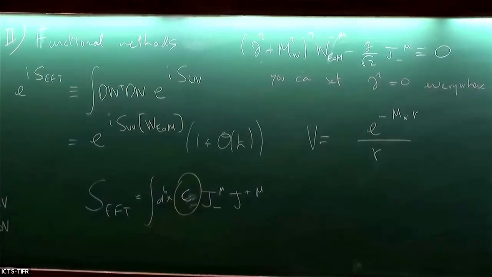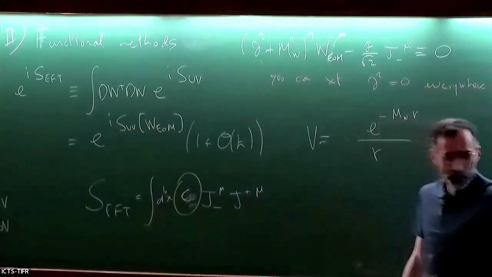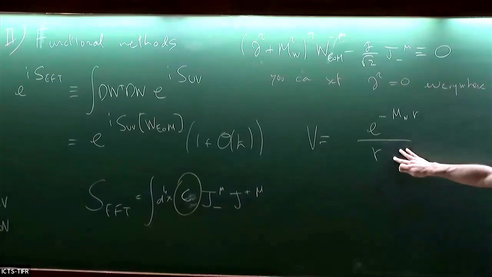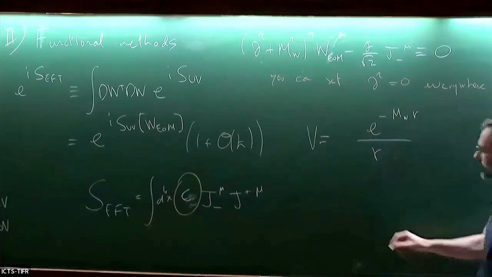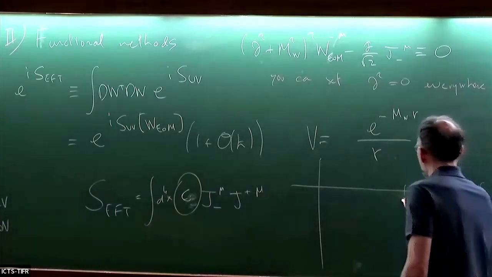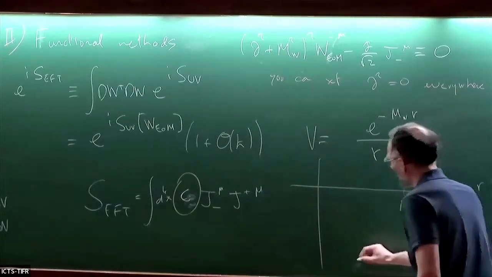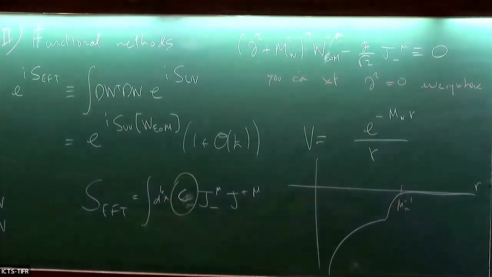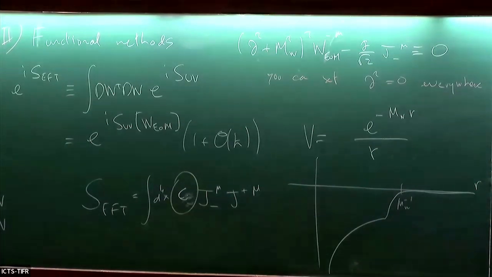We were trying to model these short distance effects with delta potentials, square wells, and crazy things. What is the actual short distance potential that nature produces? Well, something like this. It looks like a Coulomb potential, but with an exponential element. That means that in practice, at distances smaller than 1 over M_W, you will see that 1 over R potential, but as soon as you go to distances above the inverse of M_W, the whole thing will go to 0 really quickly. So you don't see that potential from large distances.